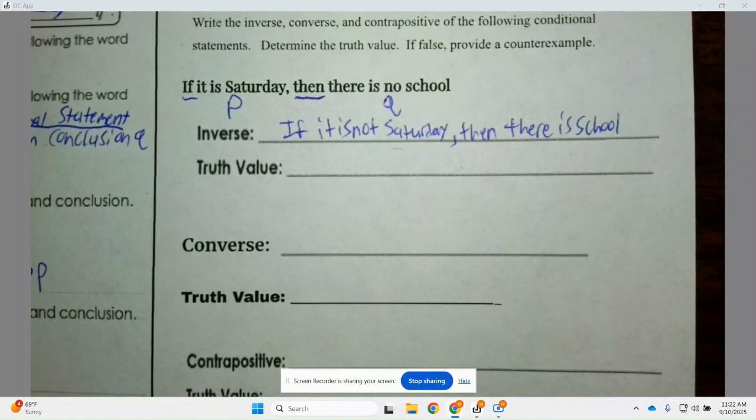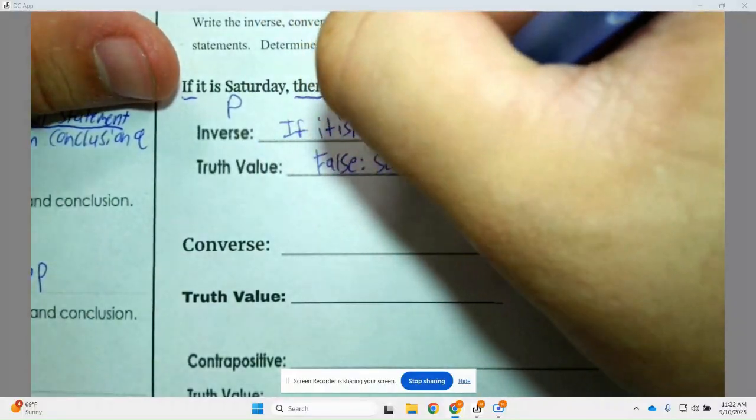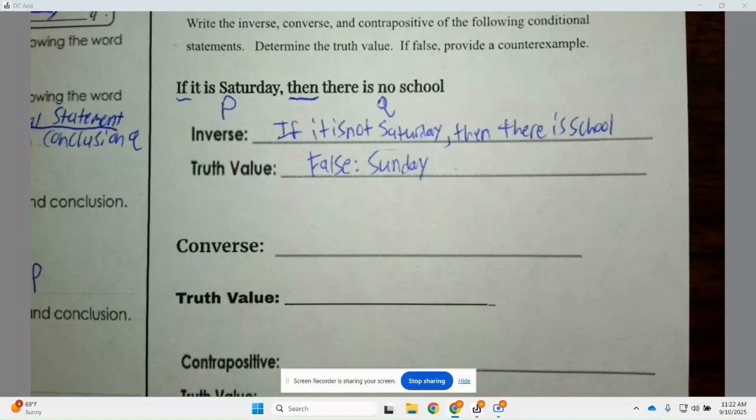Is that true or false? Well, is Saturday the only day when there's no school? No, Sunday. We also don't have school on Sunday. So we're going to say false. Because Sunday is not Saturday, and we don't have school on that day, right? If it is not Saturday, then there is school. That's false. There's Sunday as well.